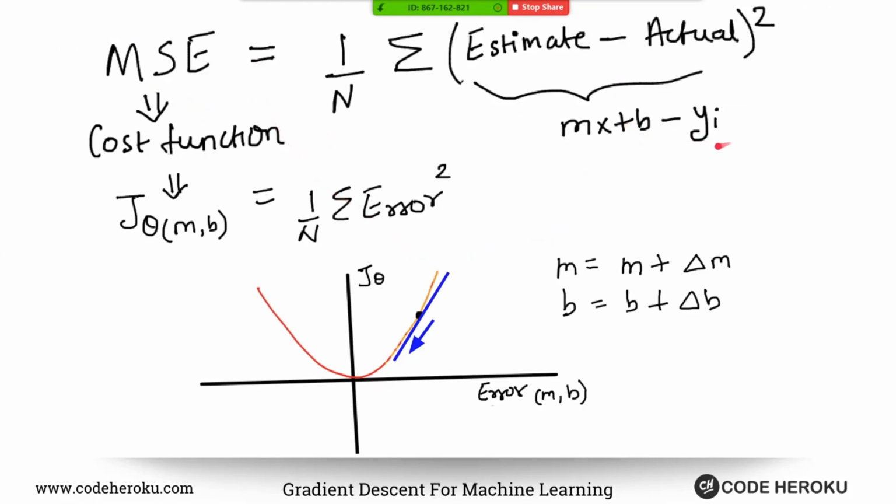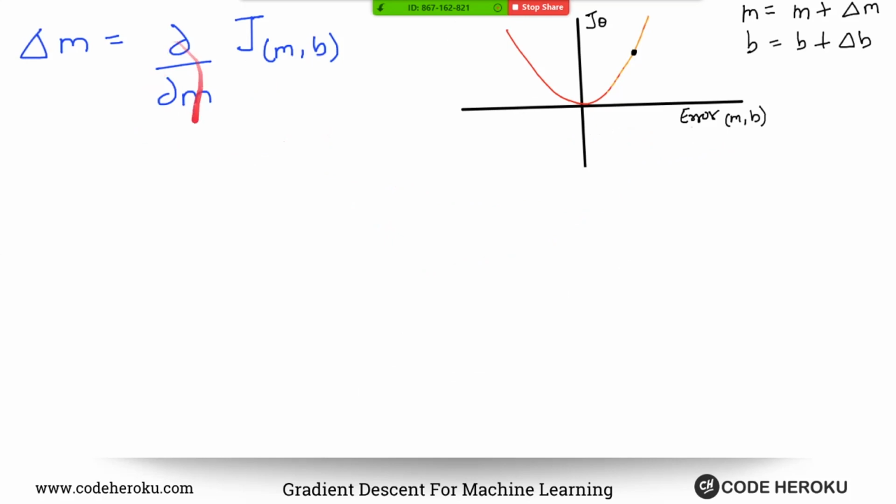There is b, and y is a constant. We need to find how to adjust m and how to adjust b, but we can't find the answers to both of them at the same point. So we are doing a partial derivative, not a regular differentiation, because we want to find the slope of that line.